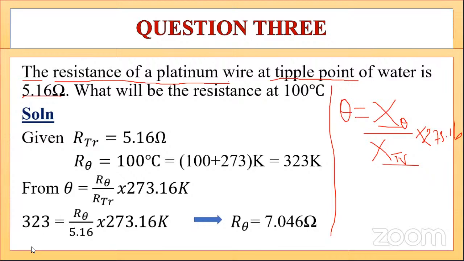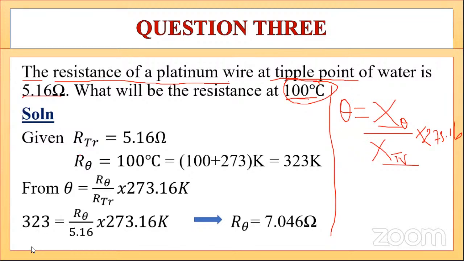Then they're saying at the steam point, they're asking what will be the resistance at 100 degrees Celsius. So this 100 degrees Celsius becomes now the temperature theta.